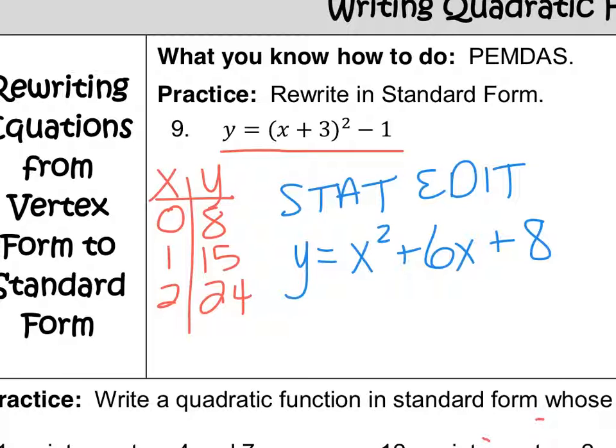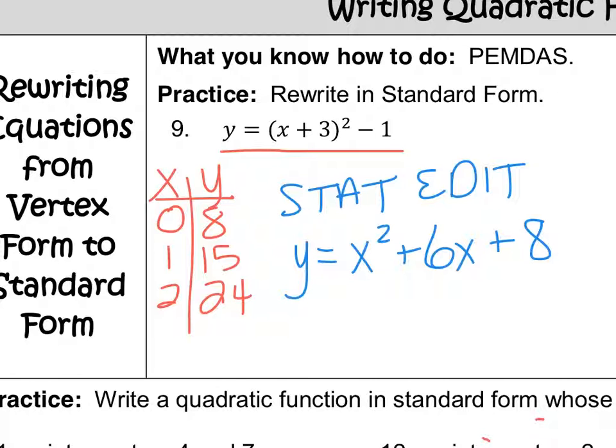Using my calculator, I would put the original equation in y1, my answer in y2, and pull up my tables. If my tables matched exactly, then I know I have the right answer. So just keeping you thinking about in what ways does your calculator help you?